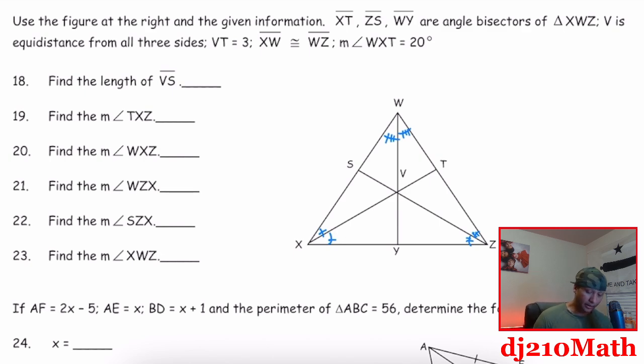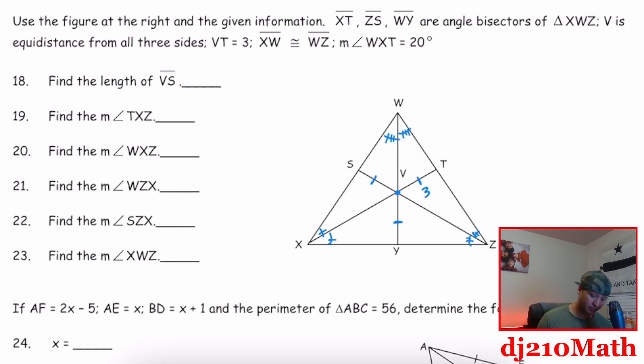Okay. And triangle XWZ. V is equidistant from all three sides. So that means this, this, and this are all the same. VT is 3.